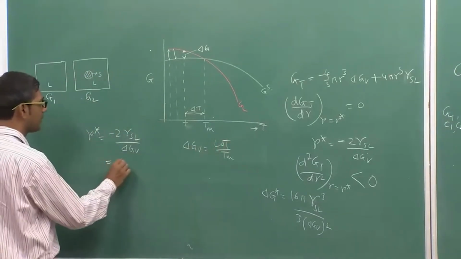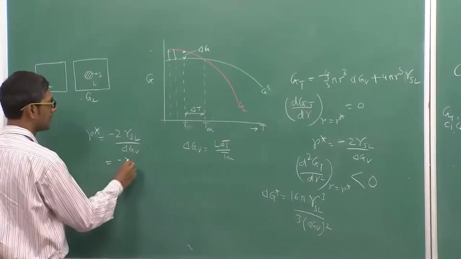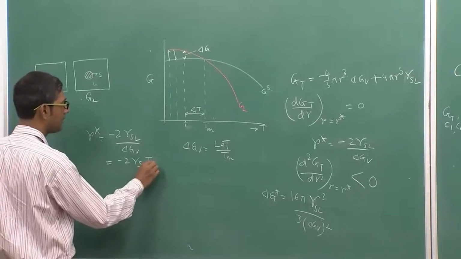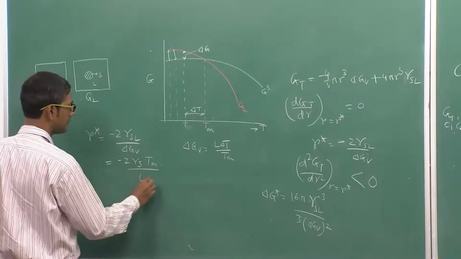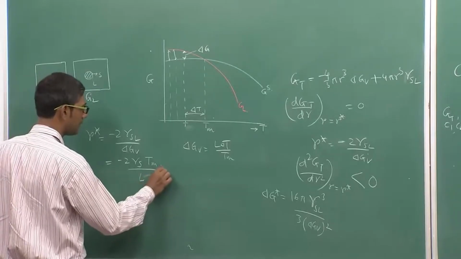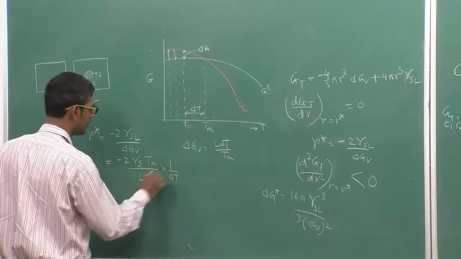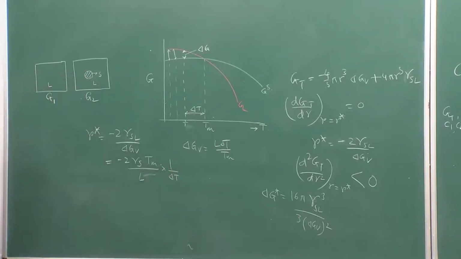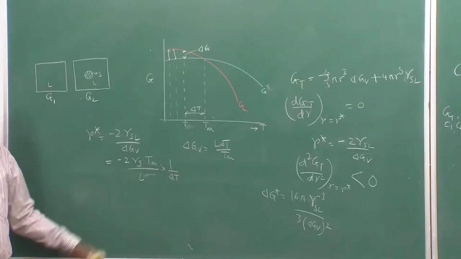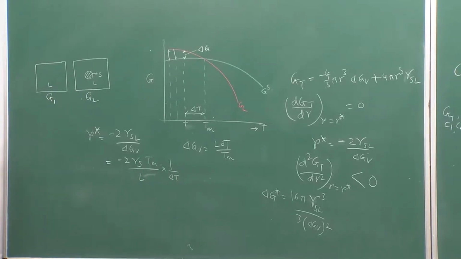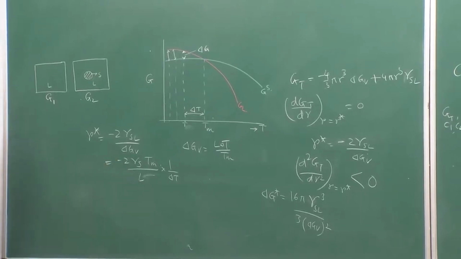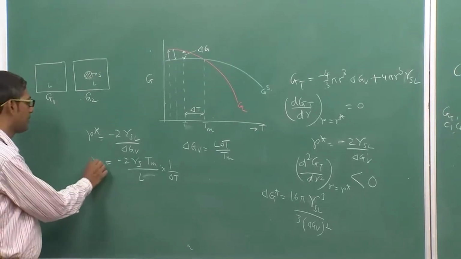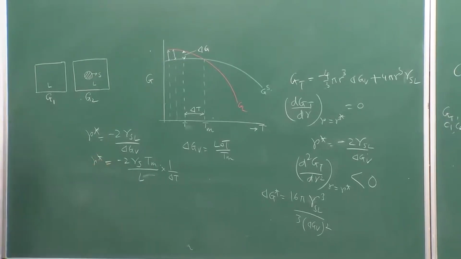So, therefore, I can get twice gamma SL Tm divided by L delta T. The latent heat is always negative we consider, because that is the heat evolved during solidification. So, that is why this negative will get cancelled, okay. And then the R star will become a positive value.